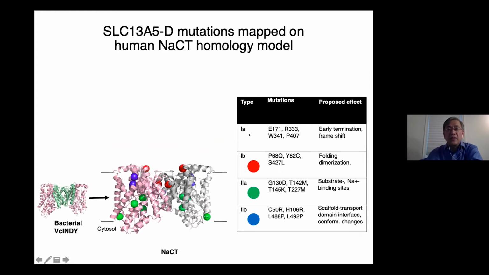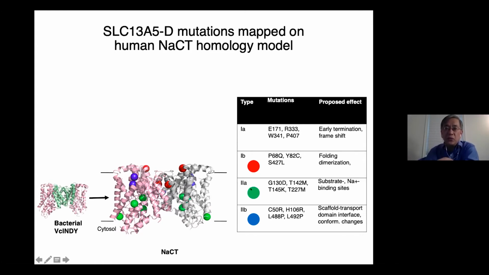It's not published, but we further classified type 1 into type 1A and type 1B. Type 1A mutations include those of early termination or frame shift. Type 1B are mutations that affect folding or dimerization of the protein.